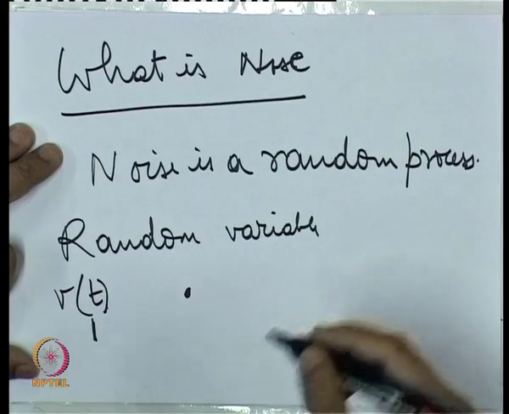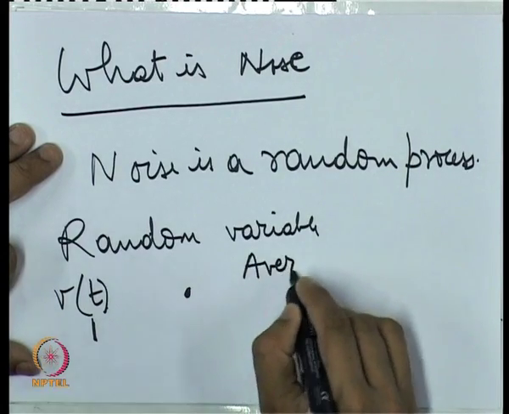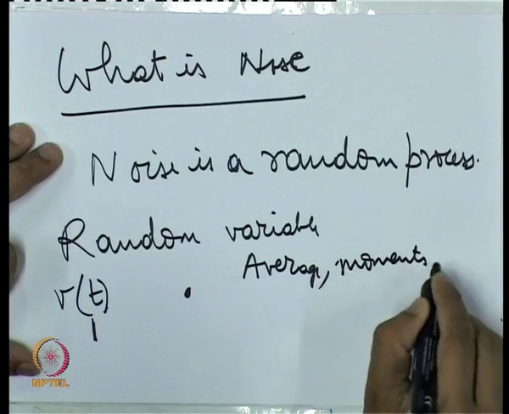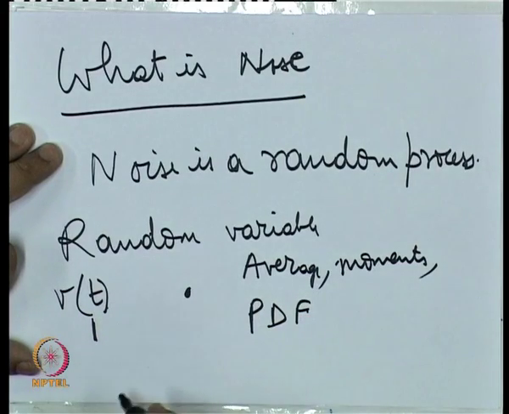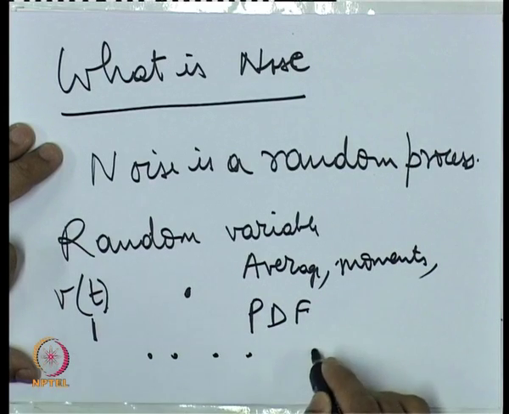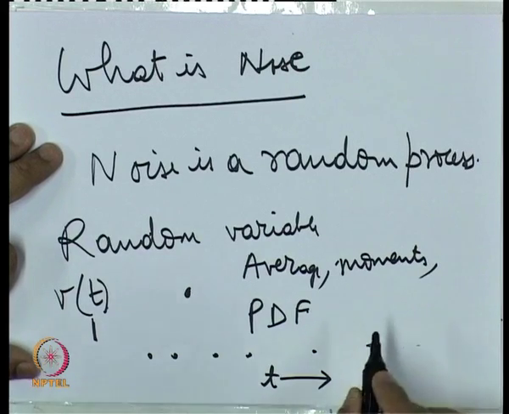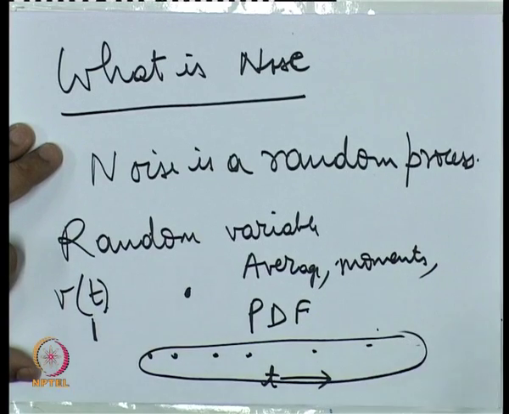Instead, we can characterize it with some average or moments or what we call probability density functions. Now, an ensemble of such random variables, if time is also now a variable, is called a random process, and noise is such a random process.